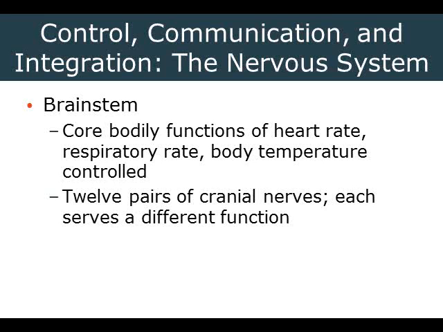I'm going to skip that and come back to that one. 11 is the spinal accessory nerve. That helps with movement of your head, speech, and swallowing. And then 12 is the hypoglossal nerve, which again deals with the movement of your tongue.